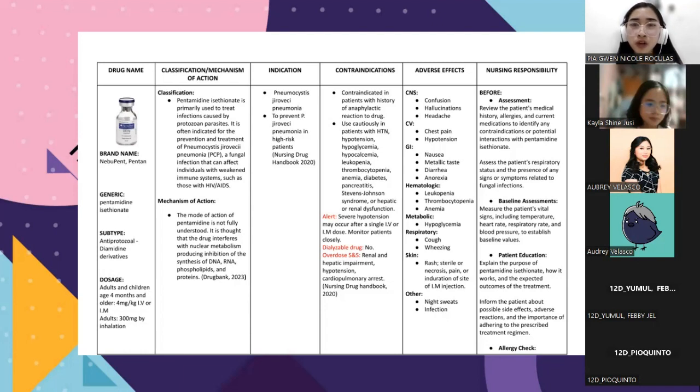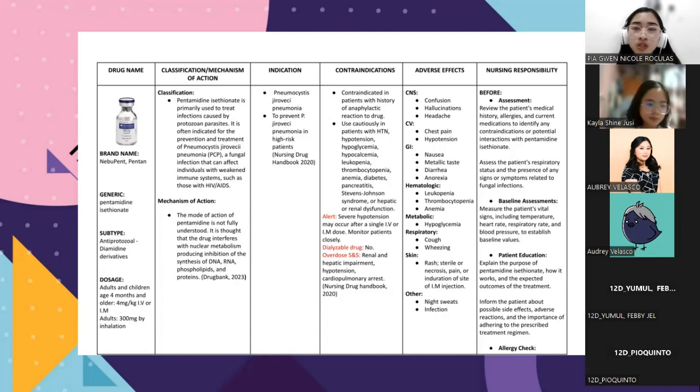So for the respiratory, the adverse effects of this is cough, wheezing. So when we say wheezing, it is a sign that a person may be having a problem in breathing. Then for skin, rash, sterile abscess or necrosis, pain or induration at the site of intramuscular injection. So when administering intramuscular injection, rashes may occur.